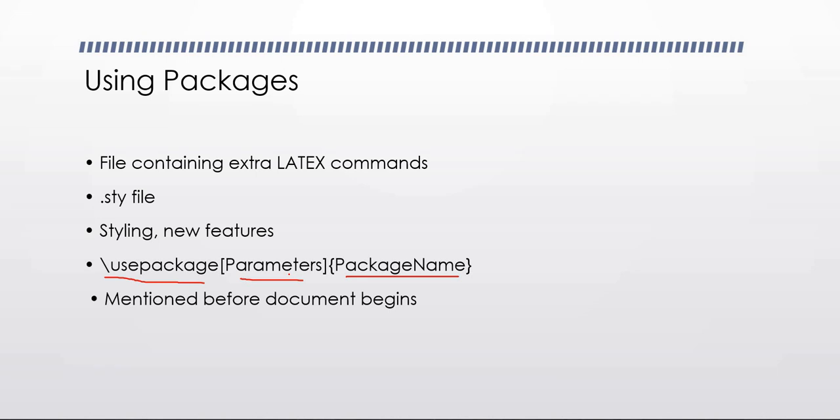Like if I use the geometry package, the default size is A4 paper, and I just want to use another type, like A5 paper or A3 paper, then this particular option is used for that purpose. I will show you with examples.